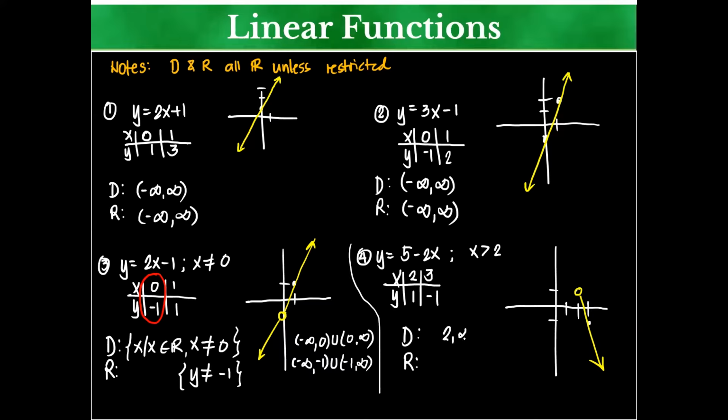Therefore, from 2 up to infinity, this one is parenthesis kasi it's not included. But if I place there, x is greater than or equal to 2, this would have been a bracket. Now, what's the range? Starting from where up to where? What's the least that I will start with? Negative infinity up until positive 1.